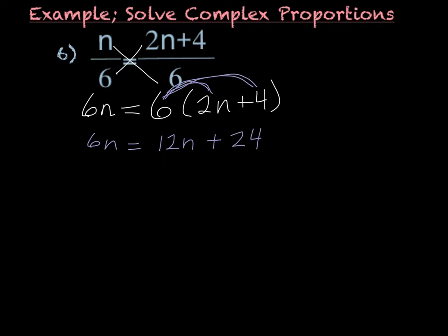So I need to get the 12n over with the 6n. So I'm going to do the opposite of plus 12n, which is minus 12n. And if I do it to one side of the equal sign, I have to do it to the other side.